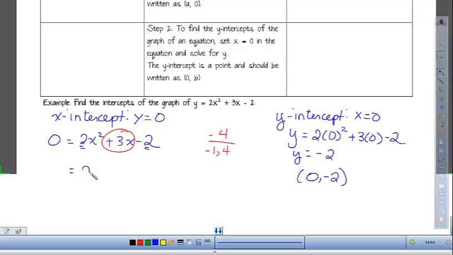And so we get 2x squared. It doesn't matter which one comes first. So I'm going to say minus x plus 4x minus 2. So this is that same 3x. Okay, and what we do from here is we group the first two terms and we group the second two terms.